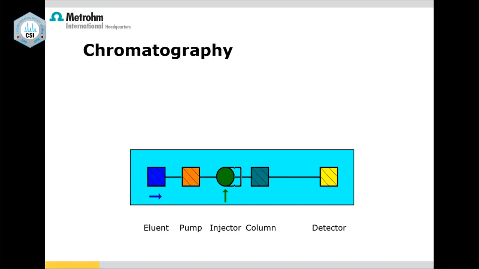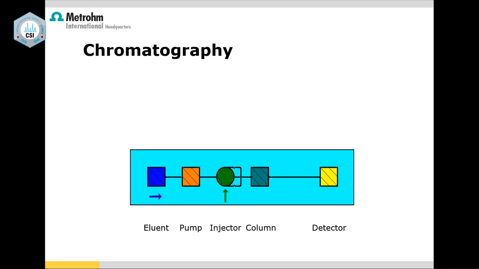The entire flow path is made of polymer. It is called PEEK, polyether ether ketone, which has very good stability over the entire pH range of 0 to 14, and good compatibility with solvents normally used in IC: methanol, acetone, and acetonitrile. So these are the solvents normally used.